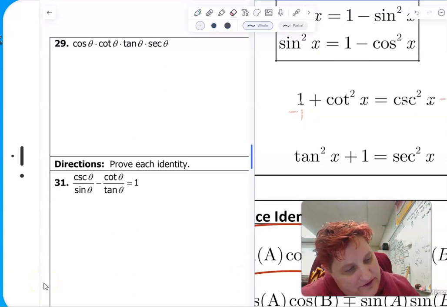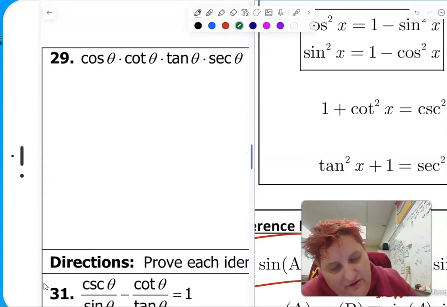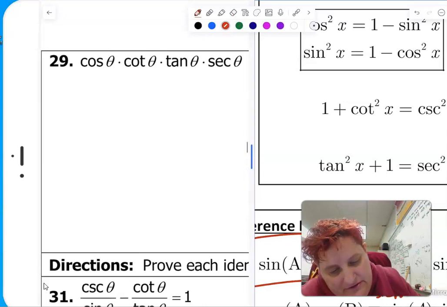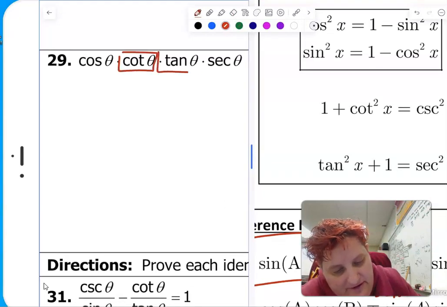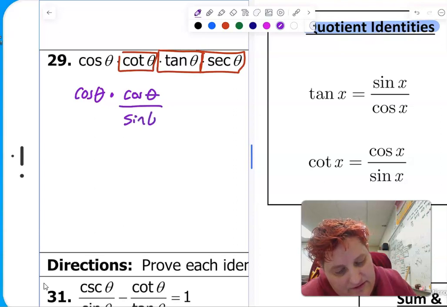All right, guys. Let's start over. Okay, for this next one, again, I think I'm going to start by turning all of these into sines and cosines. At least everything that's not already in a sine or a cosine. Okay. I'm going to get cosine. Now, cotangent, that's over here, is cosine over sine.